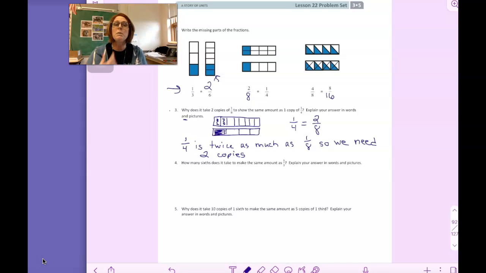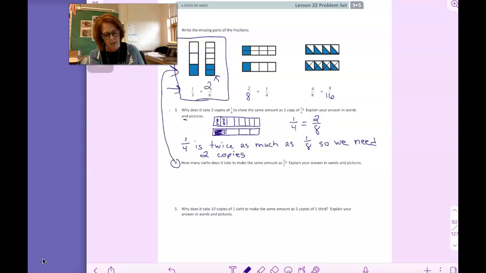I'm also going to do number 4 with you. On your homework, number 4 is going to be optional, but for this one, we're going to do it together. So number 4 says, how many sixths does it take to make the same amount as 1/3? Explain your answer in words and pictures. Well, we already have that up here, don't we? We have that picture. So I'm going to draw it again just for practice. So there are my thirds. And then I'm going to do my sixths like that.